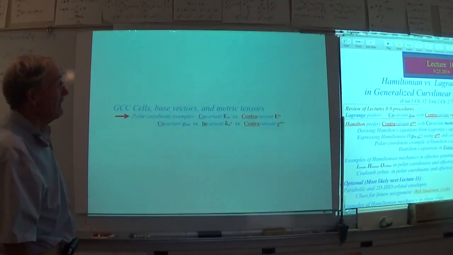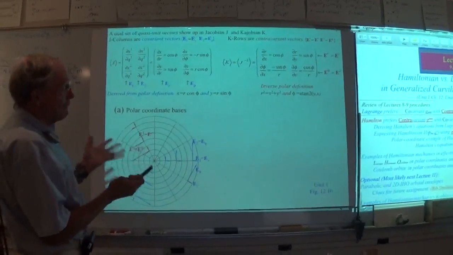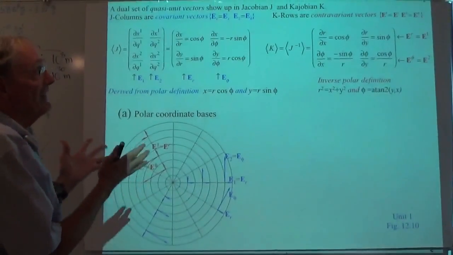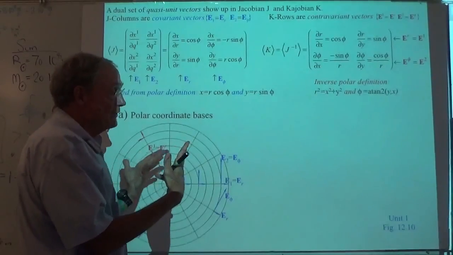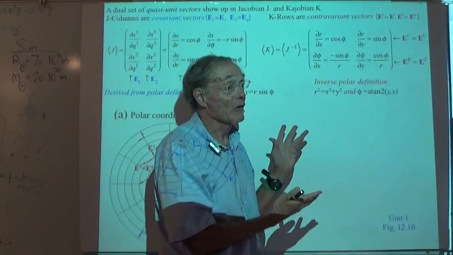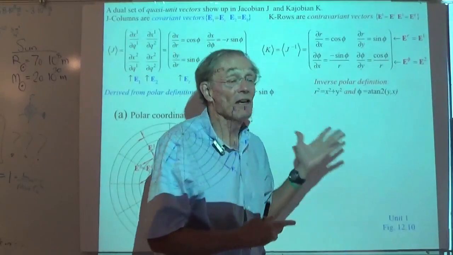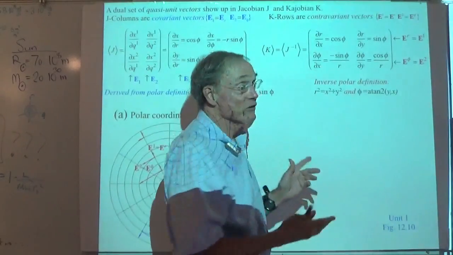So, we'll use polar coordinates, which don't really need co and contra because they are already orthogonal. But it helps even them to know which one you're dealing with.